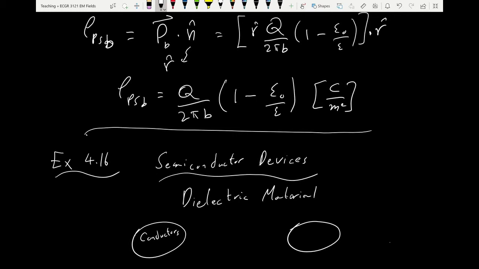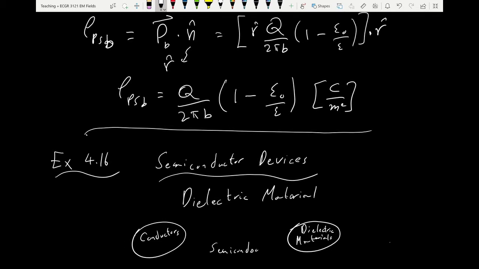And then we have dielectric materials with their bound dipoles or polarization vectors, their concentration of bound dipole densities that react to the electric field. But semiconductors are really somewhere in between.